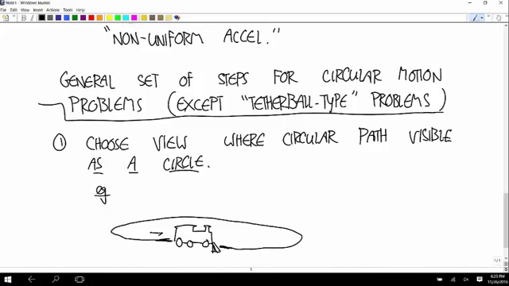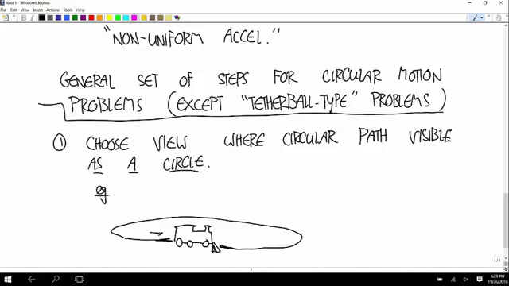Even if the problem shows you a picture like this from the side, this view doesn't show the path as a circle. So what you want is either a view from above looking down or from underneath looking up, where the view that you see is a circle.